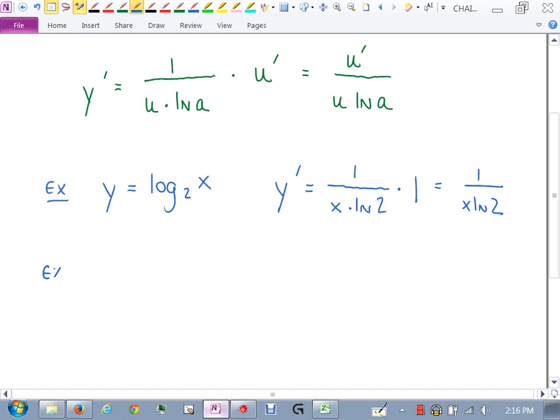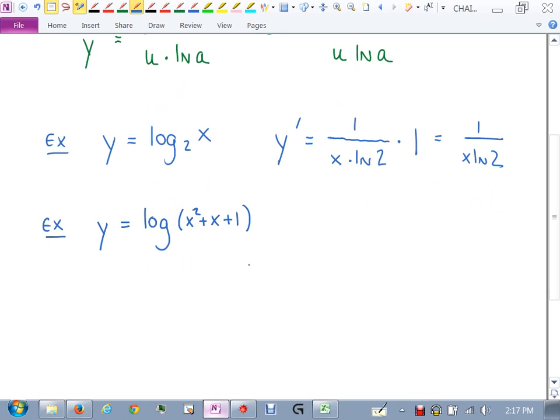What about this one? y is equal to log of x squared plus x plus 1. What is our u here? x squared plus x plus 1, right?